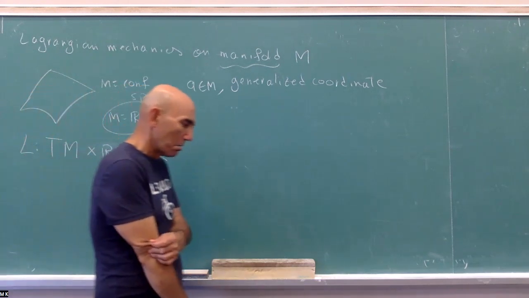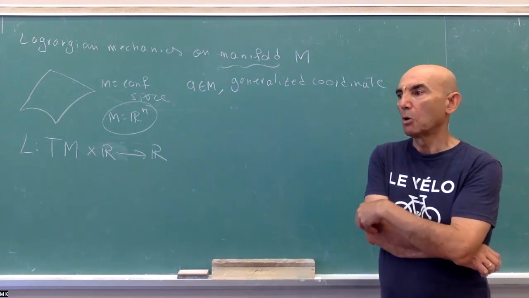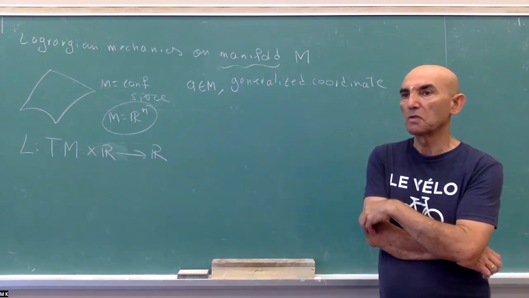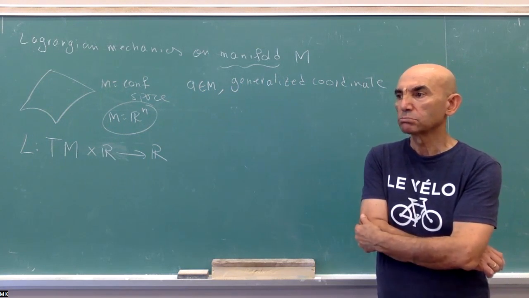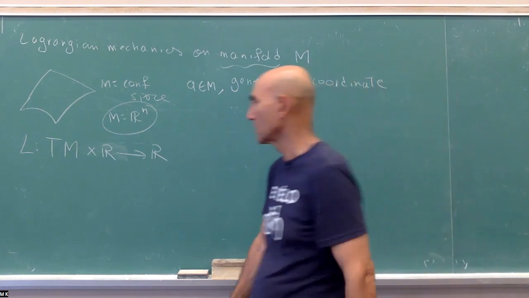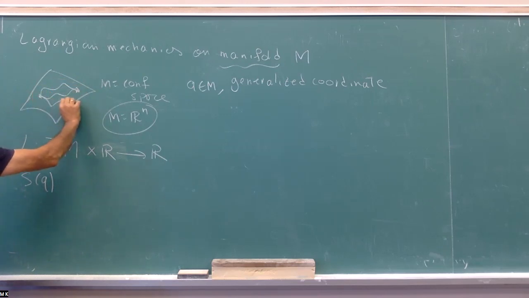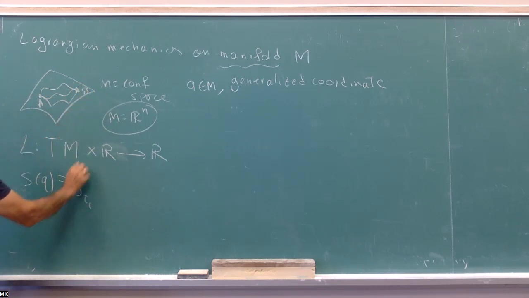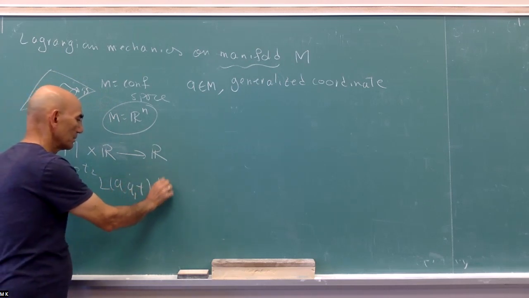Now, what we need beyond that to think about the Euler-Lagrange equation. We can set up the problem. So still the action S of Q, you see, you look at all paths connecting A to B on the manifold, and S of Q is equal to integral from T1 to T2 of L of Q, Q dot, T dt.